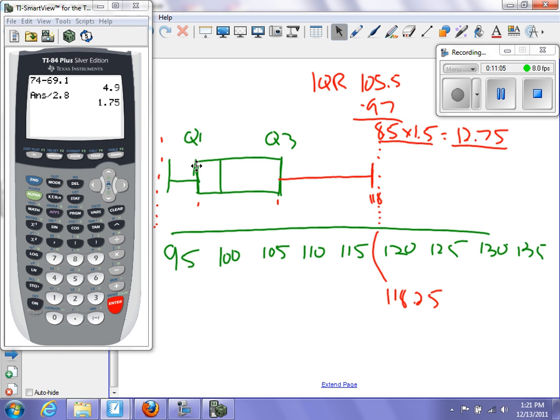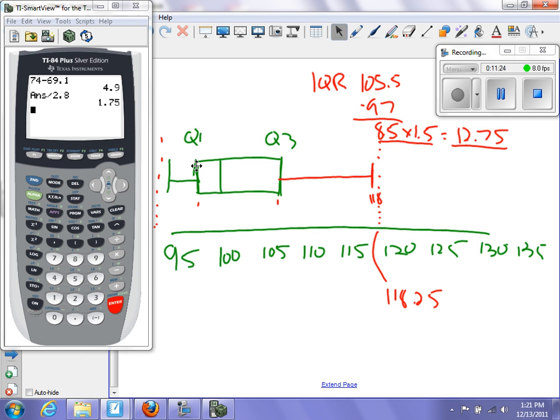Yes, Lydia. But how about the outliers? I feel like all of them are going to have values above 118. I think you're absolutely right, because it says here to approximate the value of any outliers.